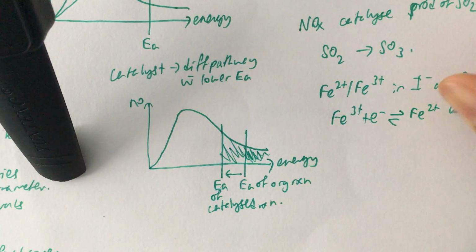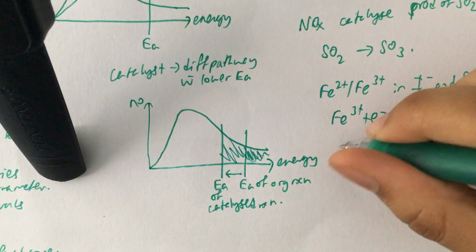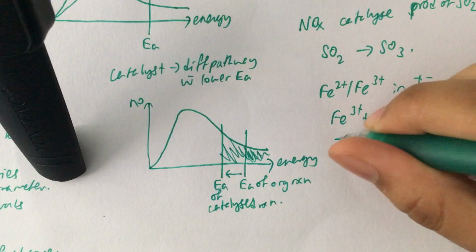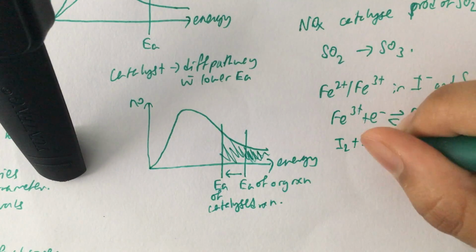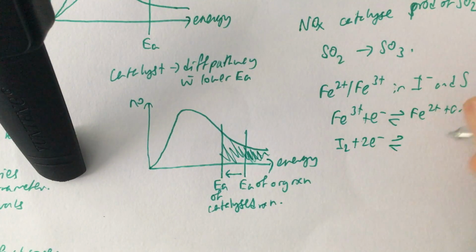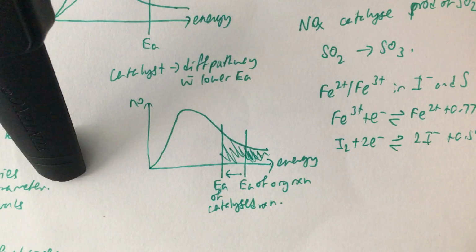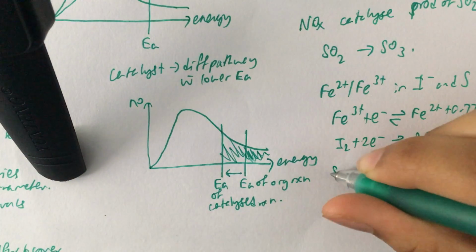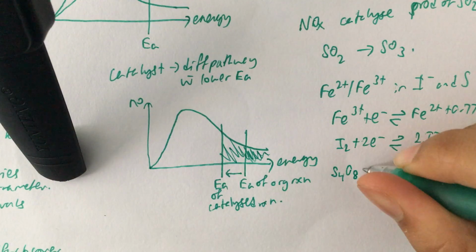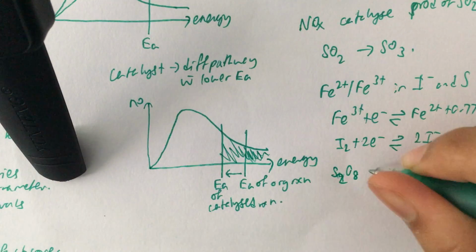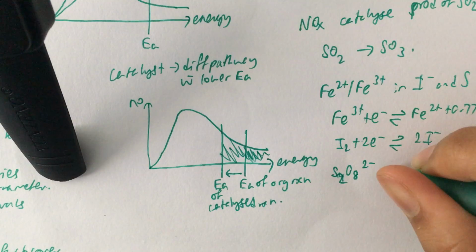So you probably need to explain with the E naught as well. So mention the values for that. For iodine, it is 0.54, and for thiosulfate, if I'm saying it wrongly, then pardon me, I can't find it. Oh my gosh. It's 2.01. So for thiosulfate it is 2.01.